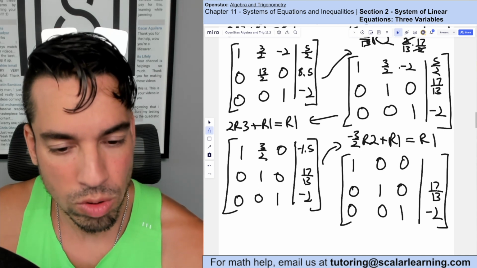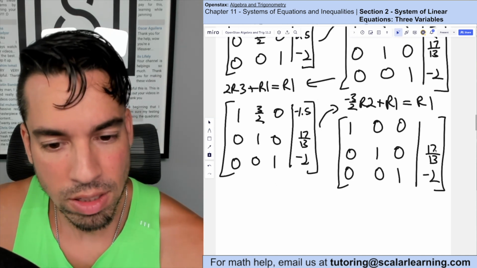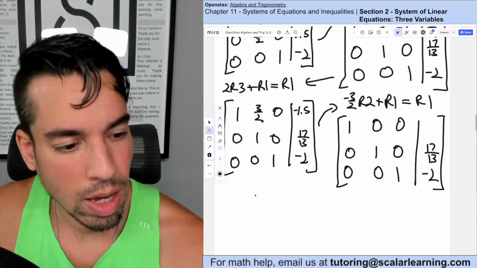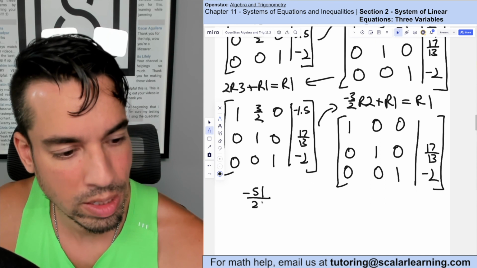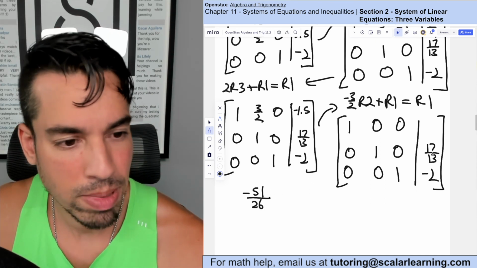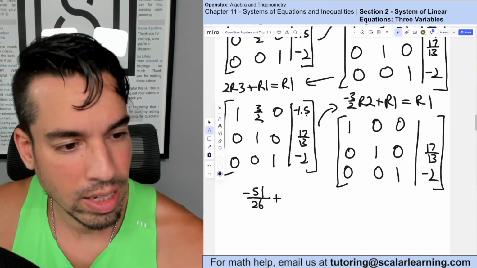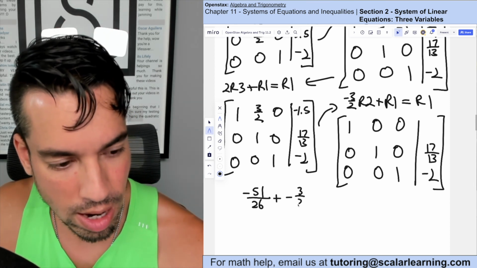And then we get to this tricky little fraction. Let's make a little more room. So we got negative 3 halves times 17 over 13. That would be negative 51 over 26. And what we're doing is adding that to negative 1.5, which I'll turn back into a fraction, negative 3 halves, okay?